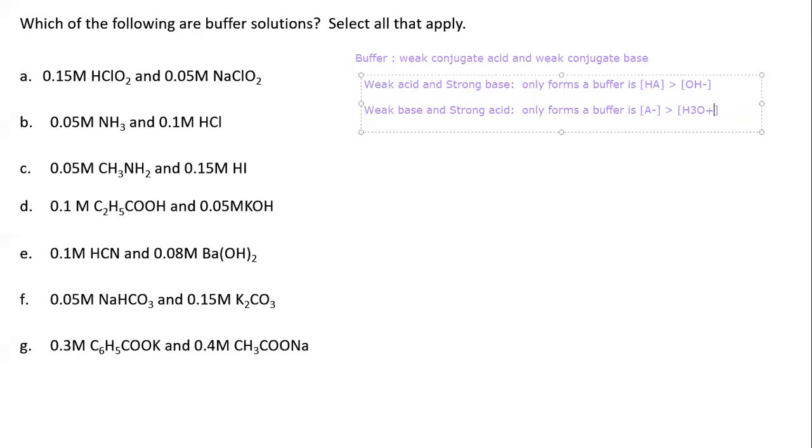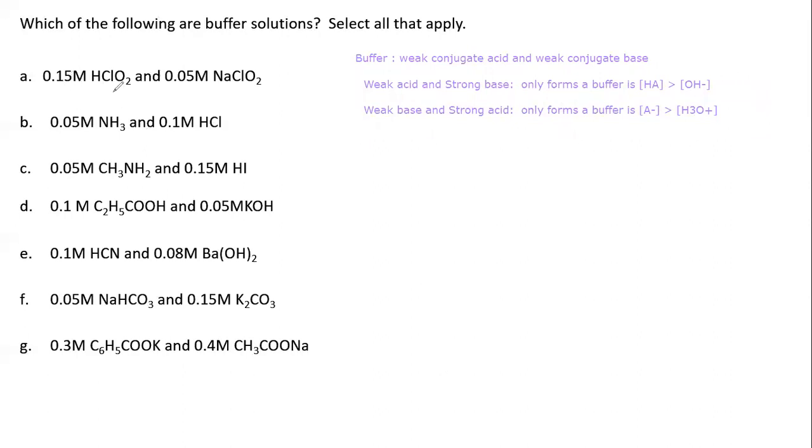And what happens is the moles of strong acid get converted into the conjugate acid of the weak base. So you lose some moles of weak base to make the conjugate acid for that weak base. And again, if it's weak and weak, it doesn't matter what the concentrations are.